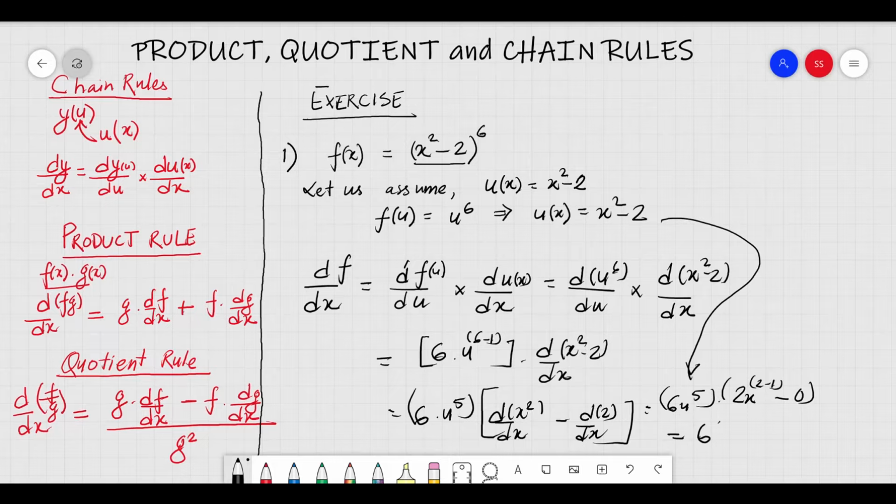Our final answer would be 6 times (x squared minus 2) to the power 5 times 2x. Or if you want to simplify, you can just say 12x times (x squared minus 2) to the power 5. So that's how we apply the chain rule.